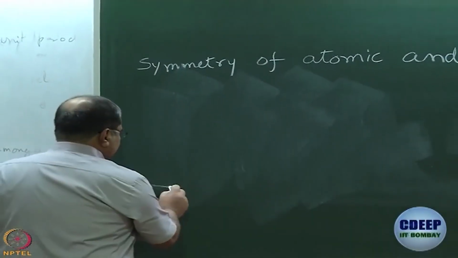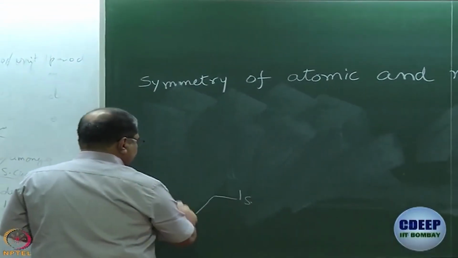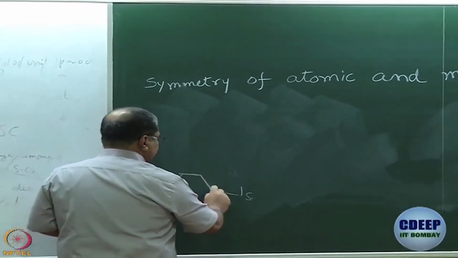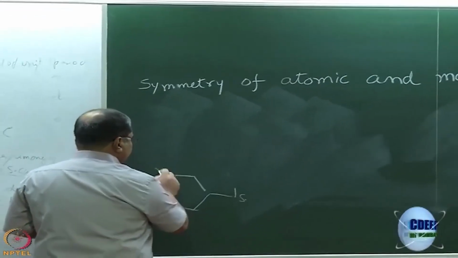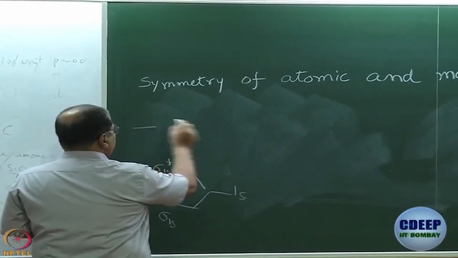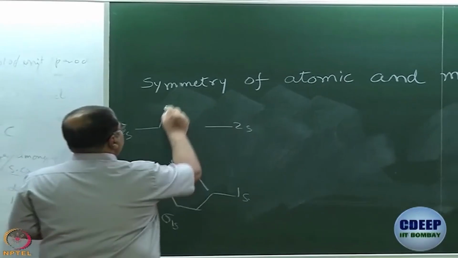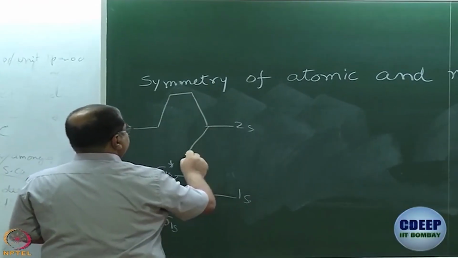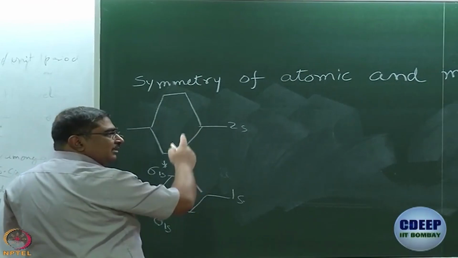What we are saying is this 1s and 1s give you linear combinations to give you say sigma 1s and sigma 1s star. Then 2s and 2s atomic orbitals give you, oh there is no space on the top, that is the problem.